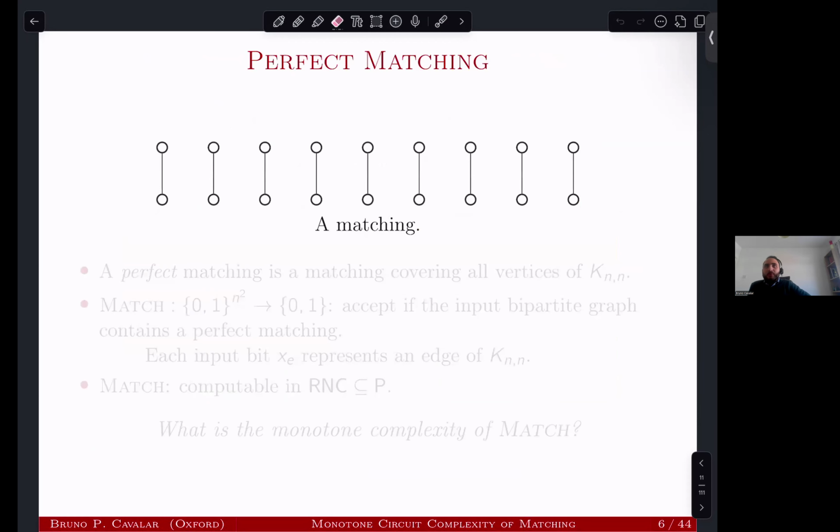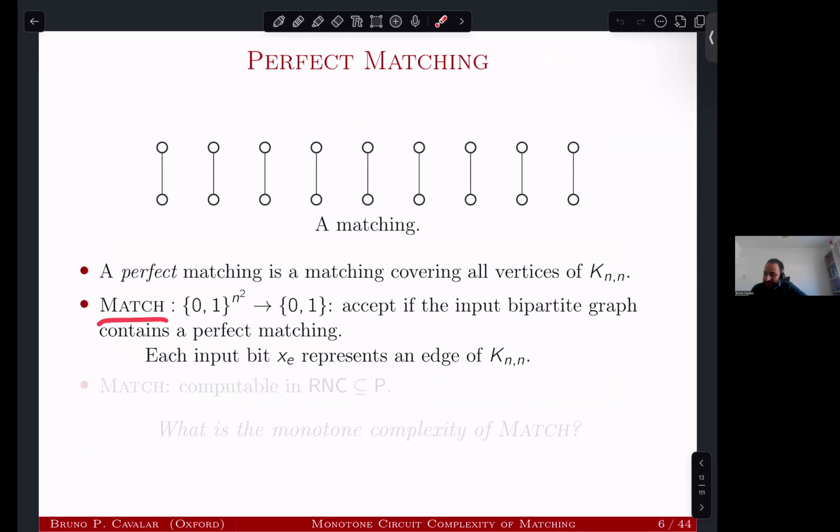But in this talk, we'll be looking particularly at the perfect matching function. A matching is just a collection of edges which are all disjoint, and a perfect matching is a matching that covers all the vertices of the graph. Here we're concerned only with bipartite graphs. So we want to decide if a bipartite graph, which is received as an input, contains a perfect matching.